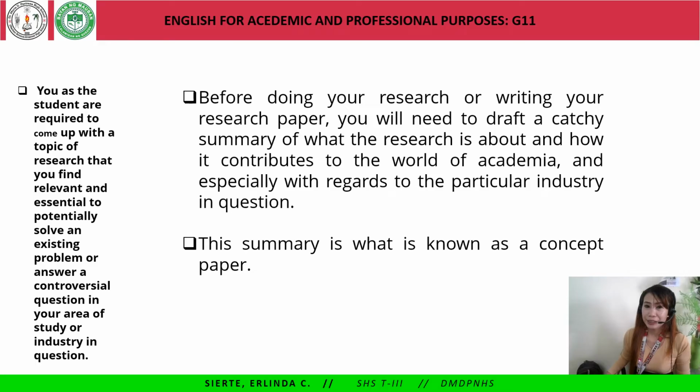Alright, so the concept paper will be read by your lecturer or supervisor, who will be tasked to determine the suitability of the research project you want to undertake. I will be the one who will read the concept paper that you will be submitting because I am your subject teacher in that subject.